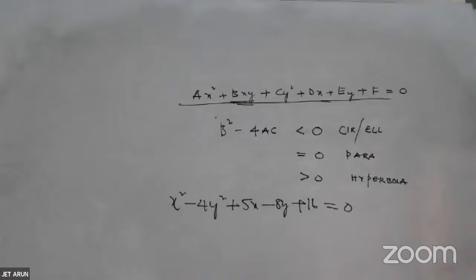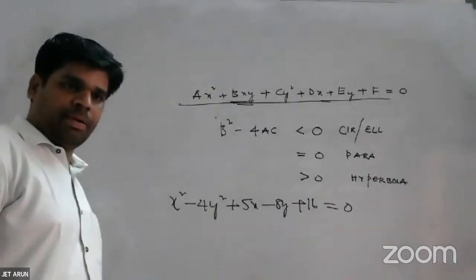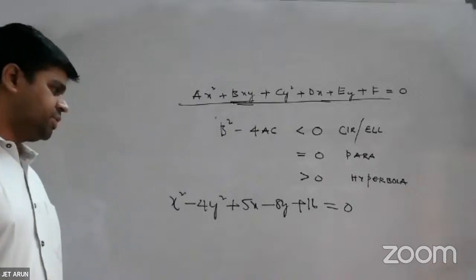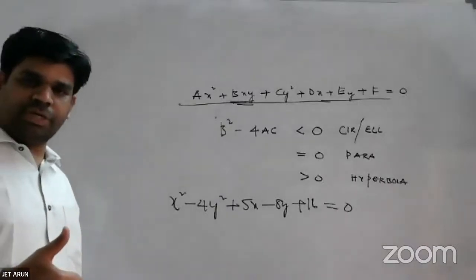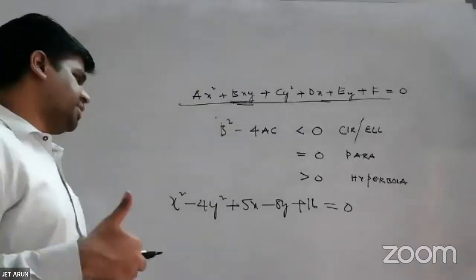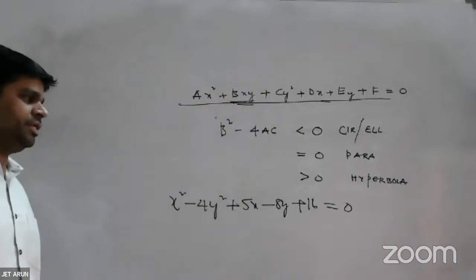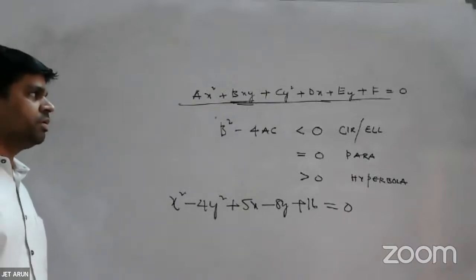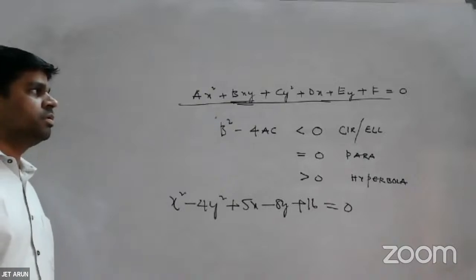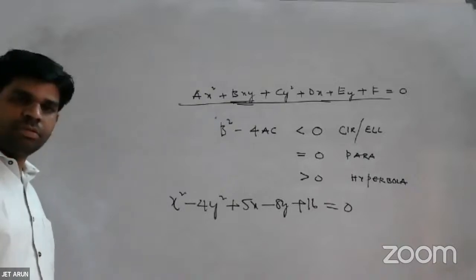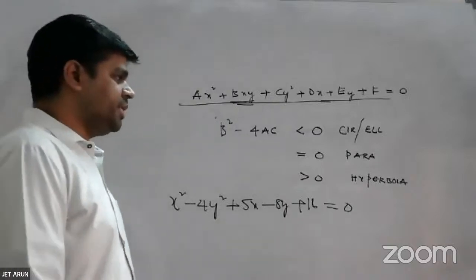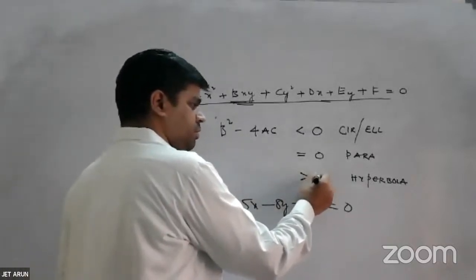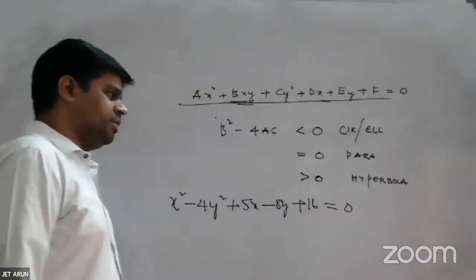B value is 0. C value is minus 4. Now put in B square minus 4AC. Greater than 0, plus 16. Greater than 0.